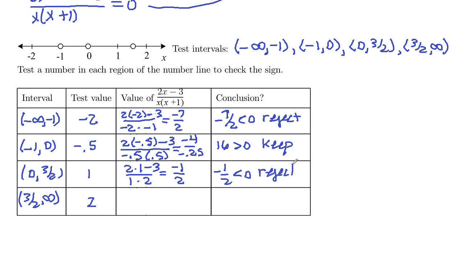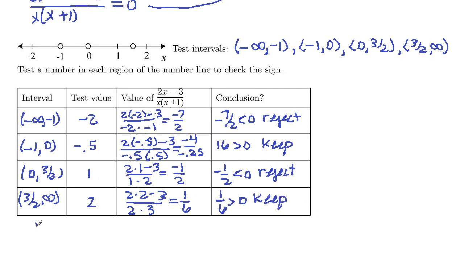It's not in the solution. And then x equals 2. Again, plug it in for x. So 2 times 2 minus 3 over 2 times 2 plus 1. So 2 times 3. So 4 minus 3, 1/6. And 1/6 is greater than 0, so we keep that interval.